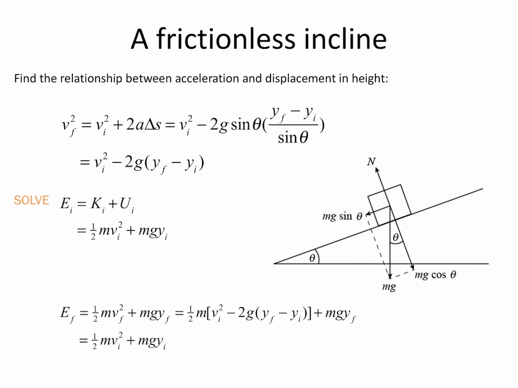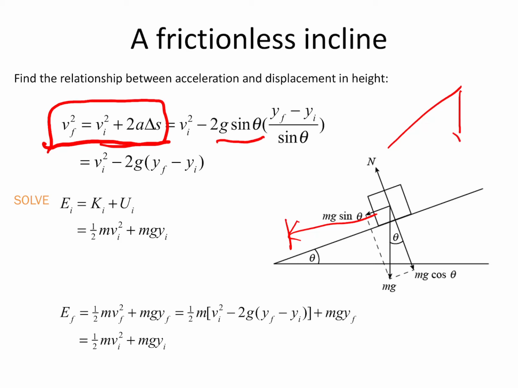Now it also holds if you have something sliding down an incline. You just need to do the same thing with the kinetic energy equation. In this case, if we ignore all the friction on the incline, the acceleration of the object is g sin theta. However, you see the displacement, so there's a displacement, and this is a change in h.